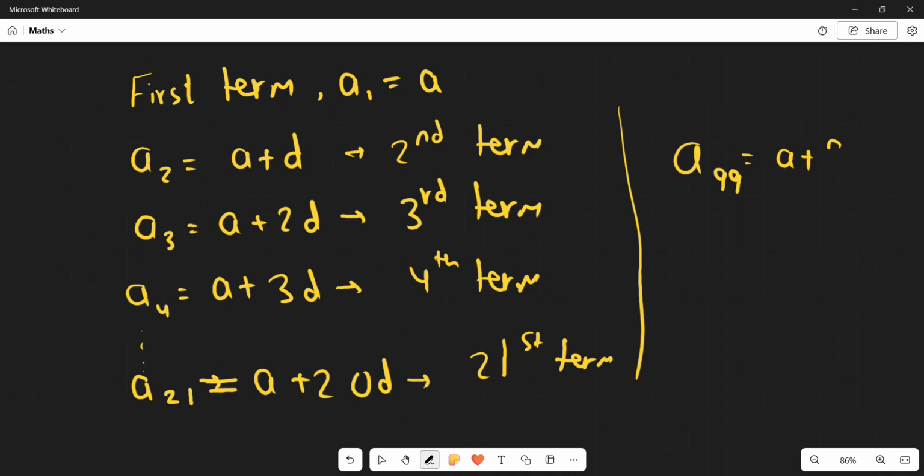It will be A plus 98D. What about A65, the 65th term? It will be A plus 64D. So here I am telling you how we can calculate the various terms of an AP.